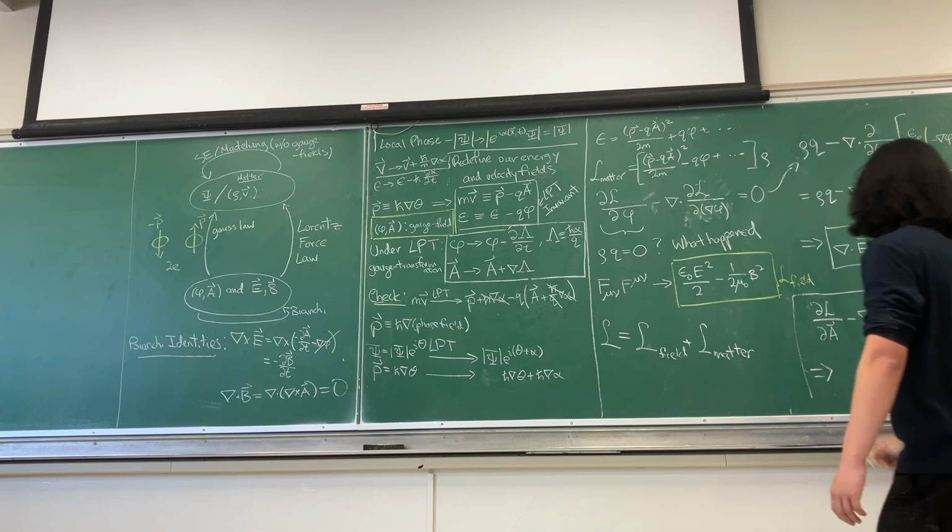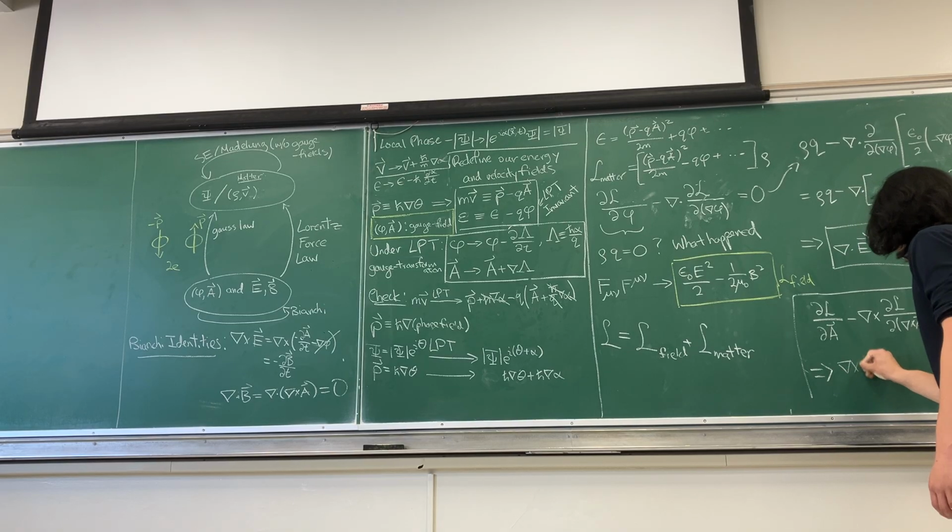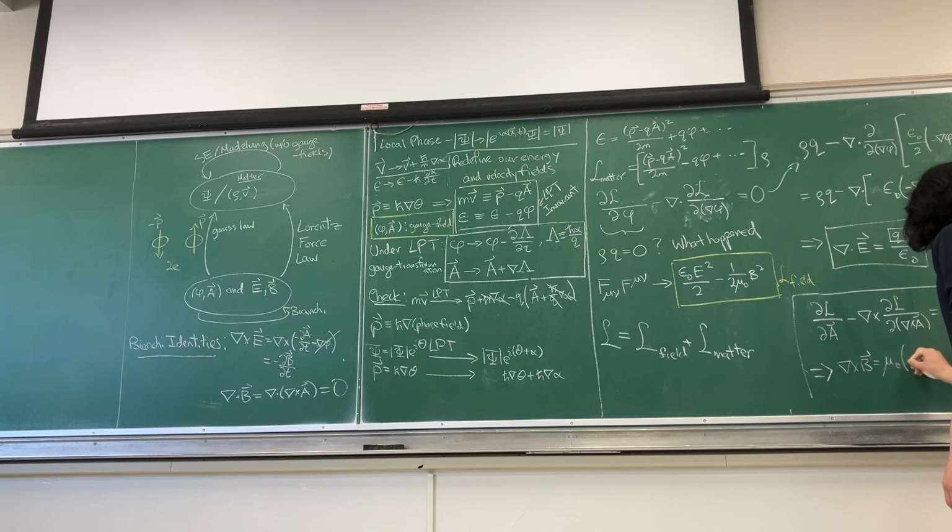I guess this should not be matter anymore, right? This would give you the Ampere-Maxwell law, which would be that the curl of B equals mu naught times (q rho v plus epsilon naught partial E partial t). And you can identify that this is clearly the current density. So this recovers the Ampere-Maxwell law.